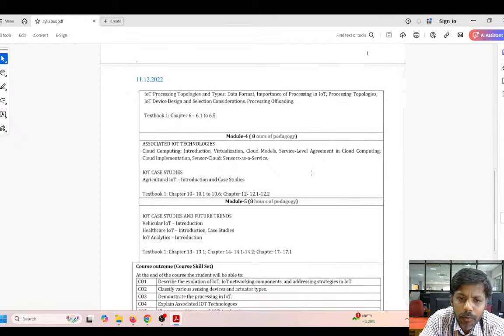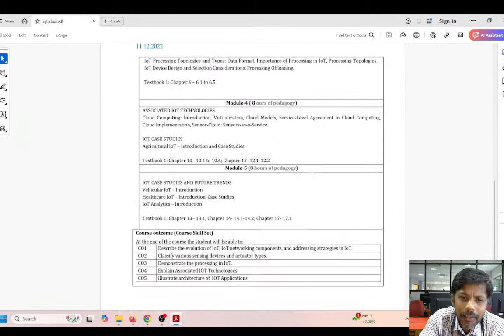And coming to the module 4, associated IoT technologies and the case studies, we are going to discuss. Associated technologies means after sensing the data and after storing the data, so what all we can do it, and what all associated technologies are there to assess that data and analyze that data.